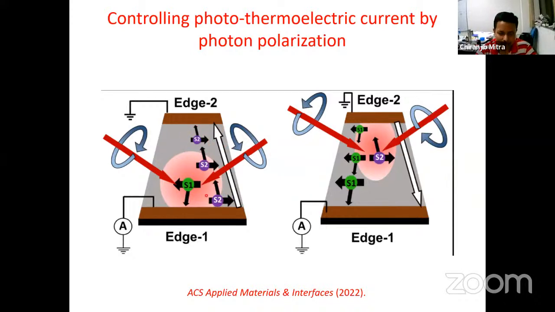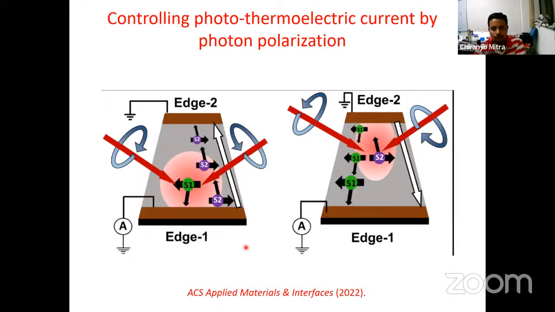So there is an enhancement of photocurrent. In this case it is the opposite. We are exciting, let's say, S2, and S1 flows in this direction. It's the same thing actually. In the H2, it is just the other way around. So in one case, you have the photocurrent going in the same direction as the thermo EMF. In the other case, the photocurrent goes in the opposite direction to the thermo EMF.